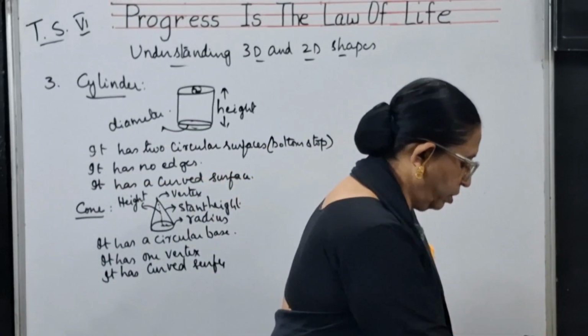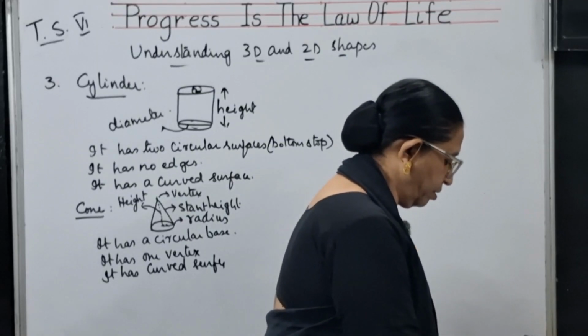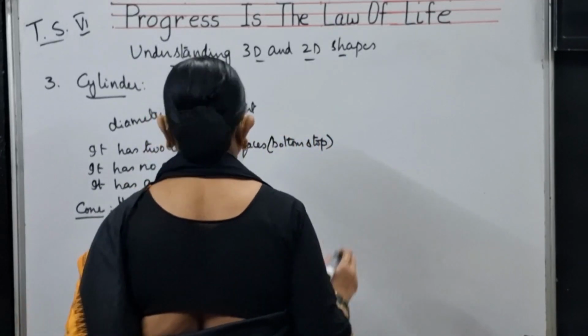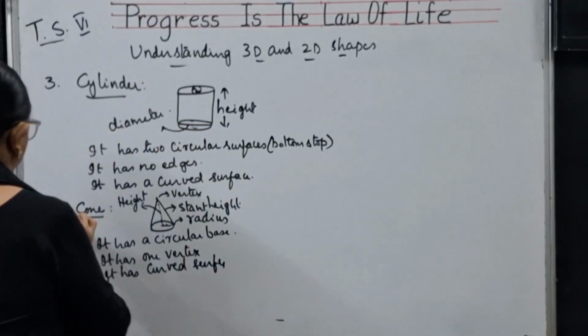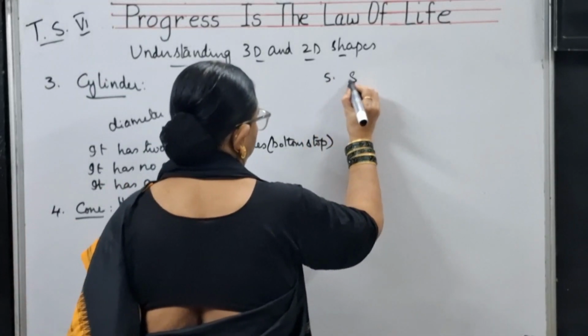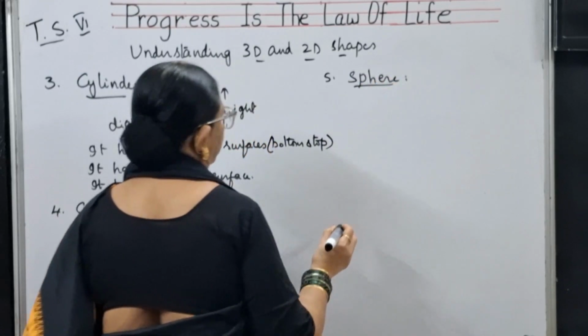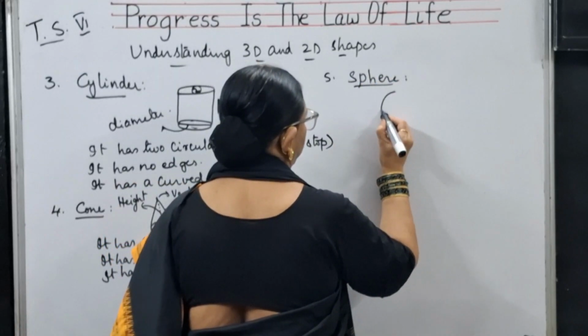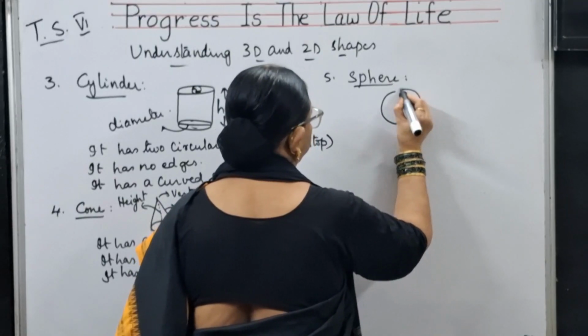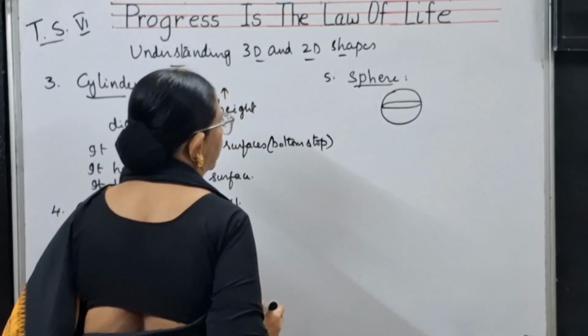Apart from the cone, let us talk about the next one, that is the sphere. This is the 4th one and 5th one, sphere. What is a sphere, children? A sphere is nothing but your ball, the cricket ball that you play with. This is usually drawn like this.